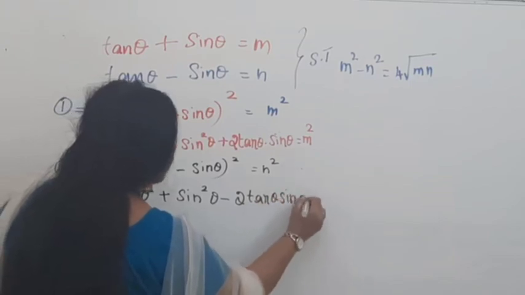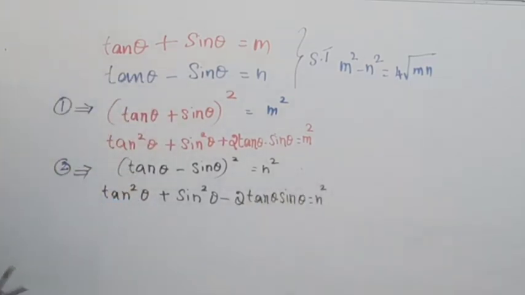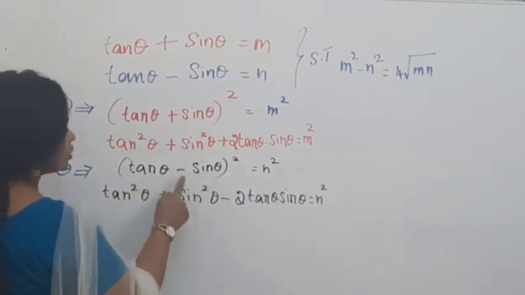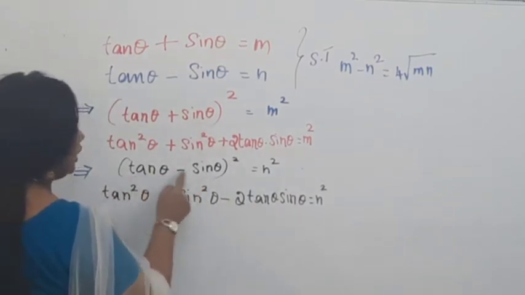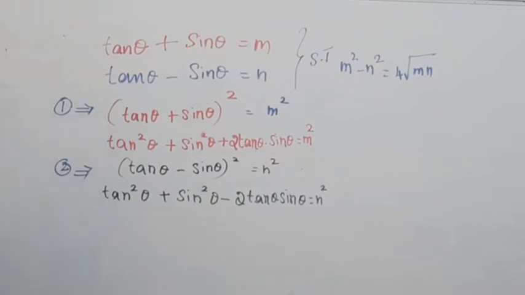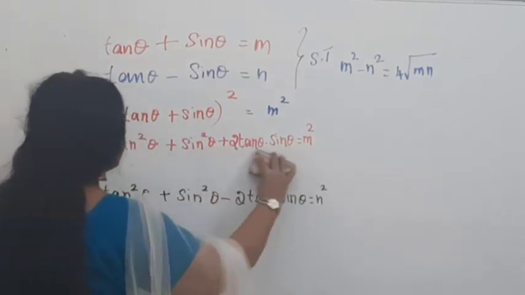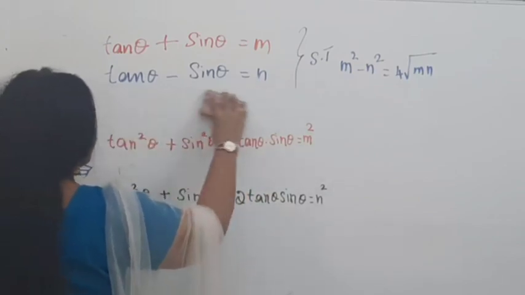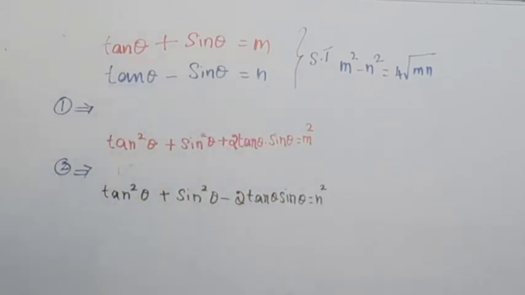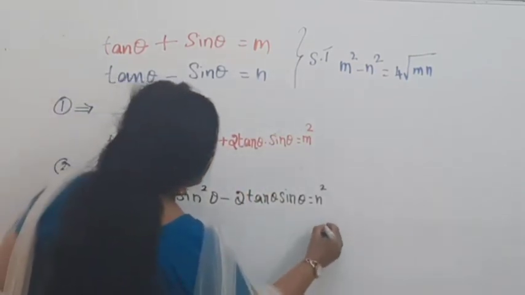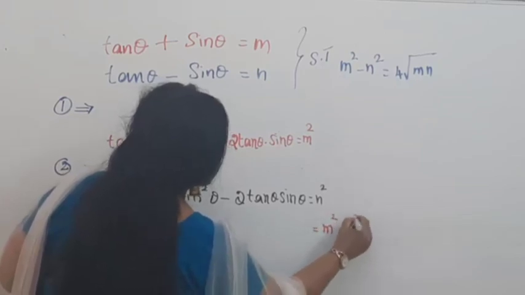Hope you understand, which is my n square. Hope you understand a minus b the whole square, a square plus b square minus 2 into a into b. That is my 2ab. Now I am going to subtract. So hope you understand this. So I just rub this one. So you get your understanding of this, which is equal to m square minus n square.